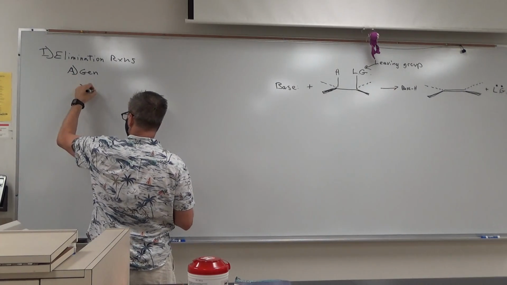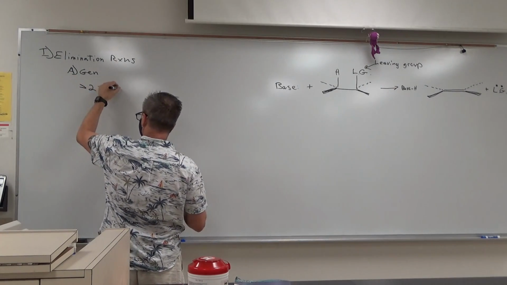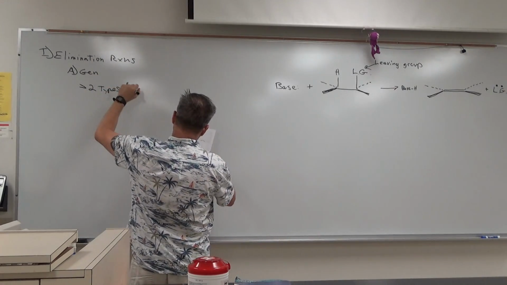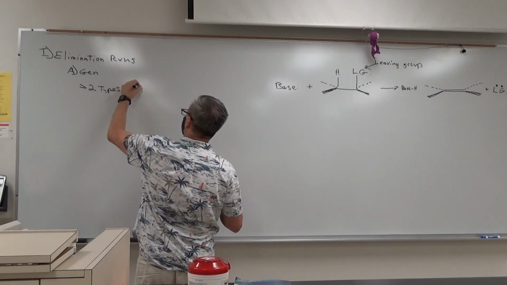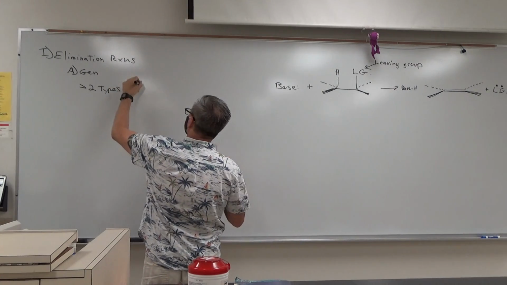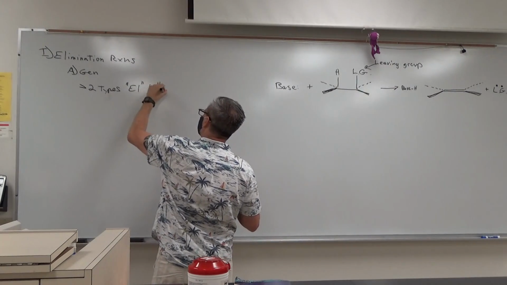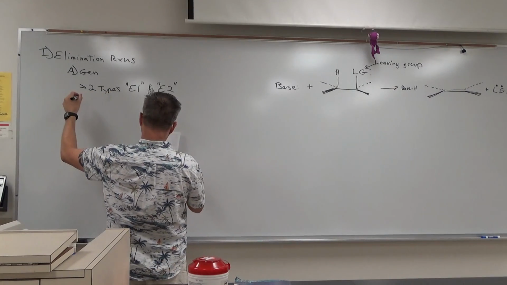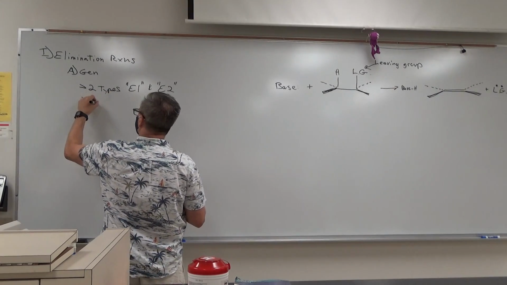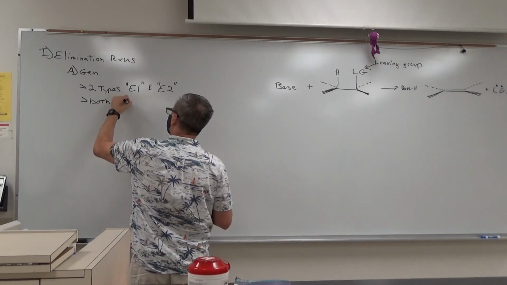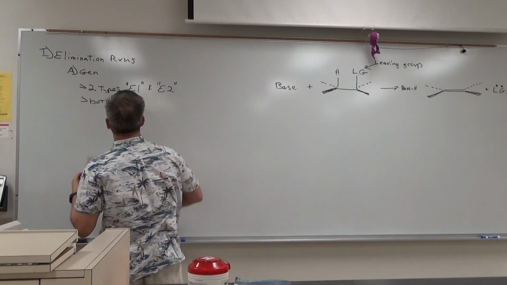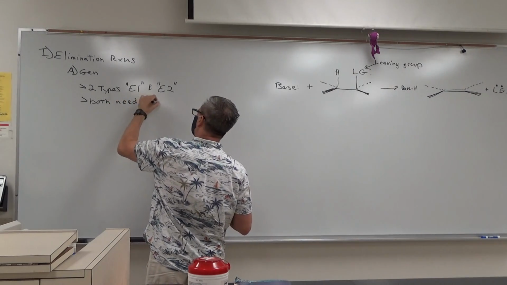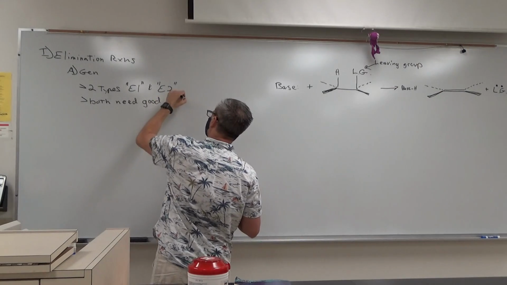There are two types. There's other types of elimination, but the two main types. Maybe we are going to be doing an E1 elimination. They both need, quote unquote, good leaving groups.